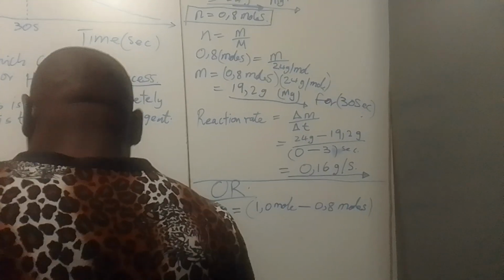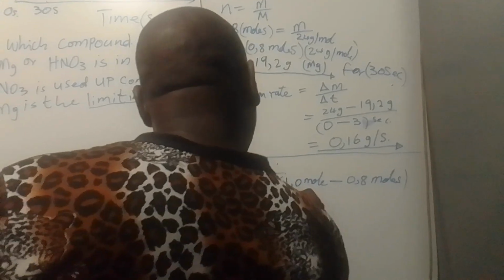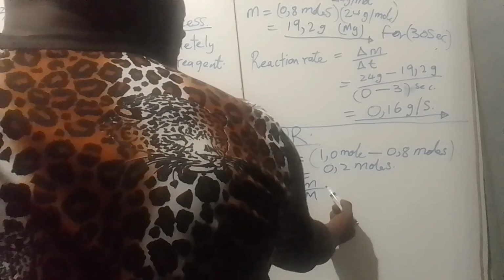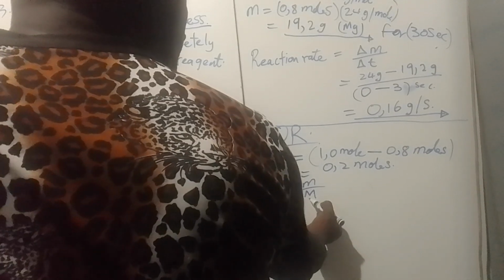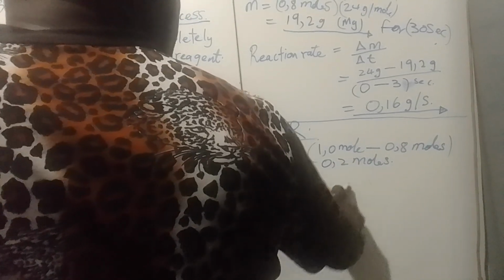So all that gives us that delta n is going to be 0.2 moles. Now n is equal to m over M. This m is the mass in grams, and this M is the relative atomic mass of the magnesium. Remember, we're talking about magnesium.